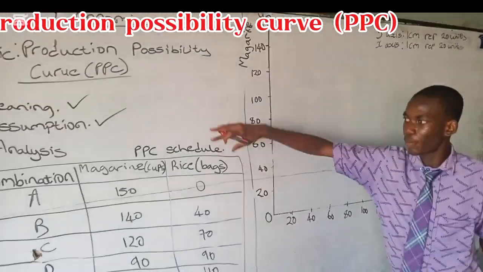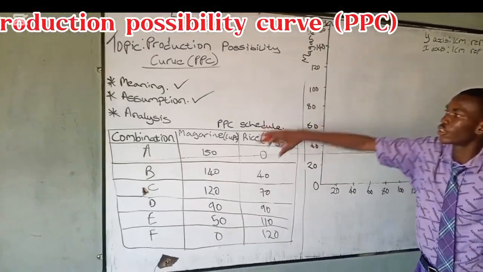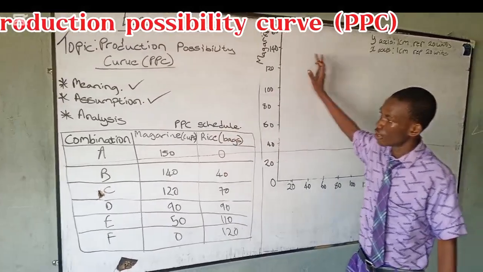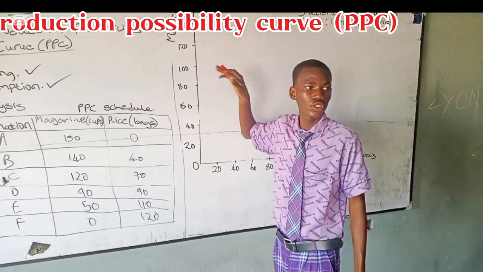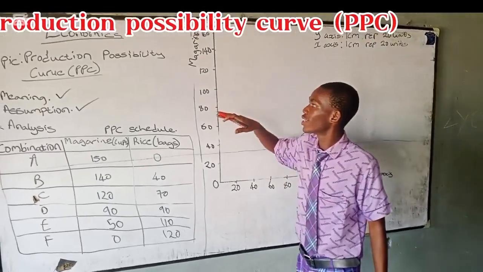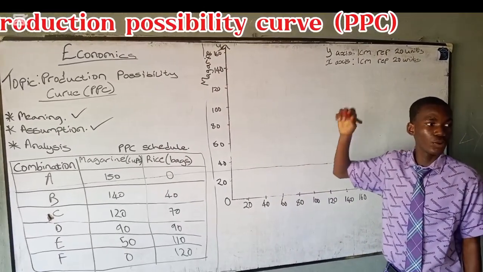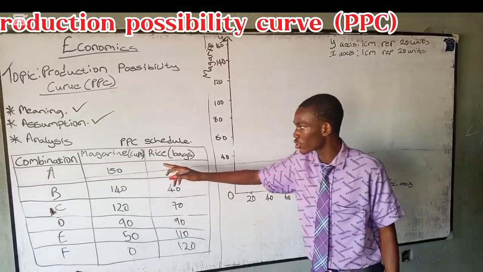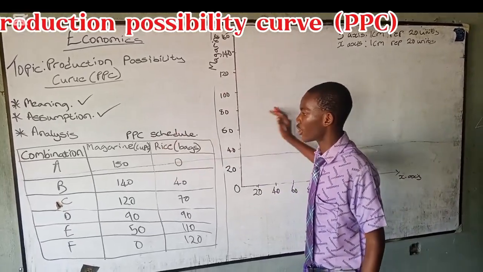So, from our production possibility schedule, let's plot the combinations on this graph. Remember, we said in the definition that production possibility curve is a graph showing the possible combinations of two commodities. So from this production possibility schedule, let's represent it on this graph.